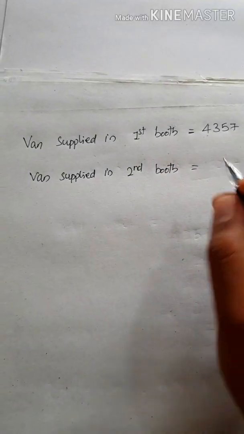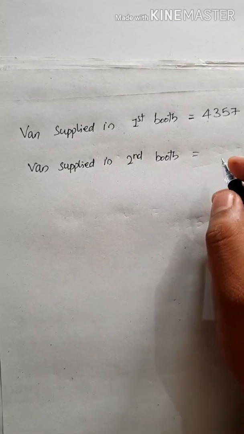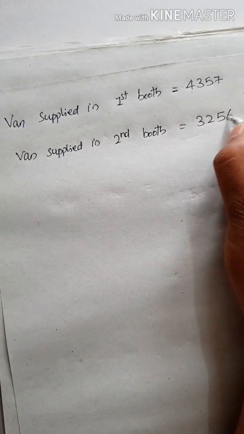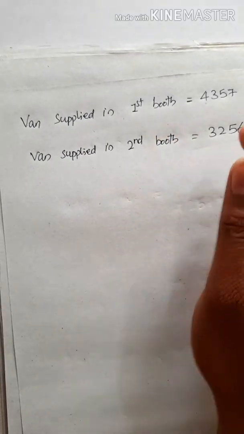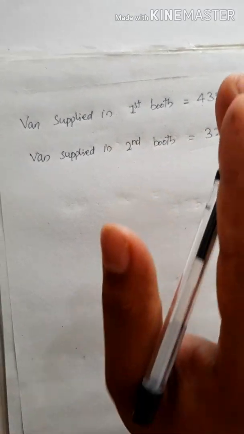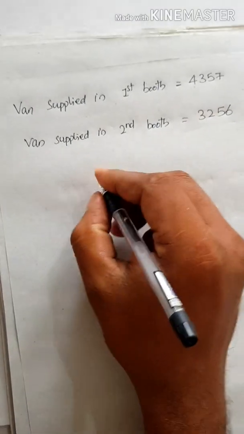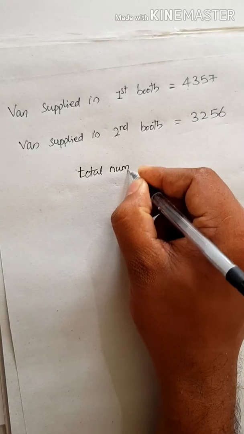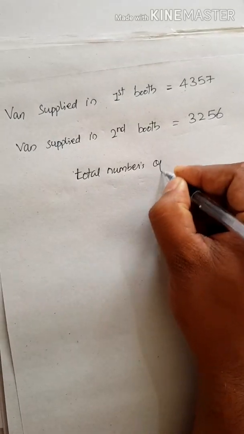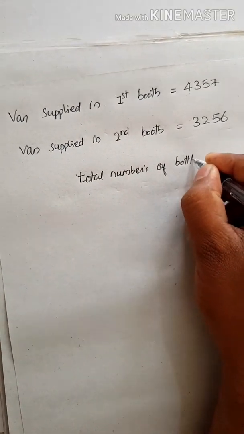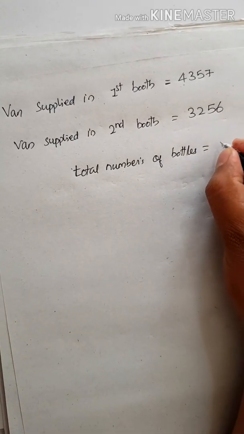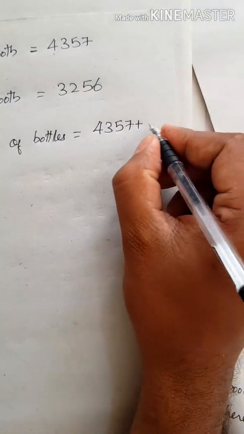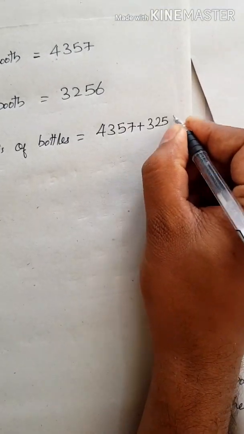Van supplied in second booth is equal to 3,256. So what is the question? How many total number of bottles of milk did the van supply? Means total numbers of bottles is equal to 4,357 plus 3,256.